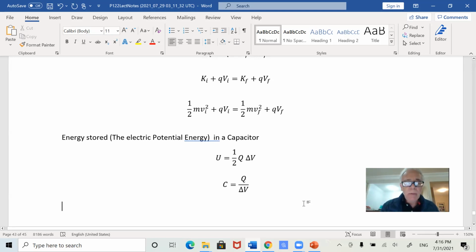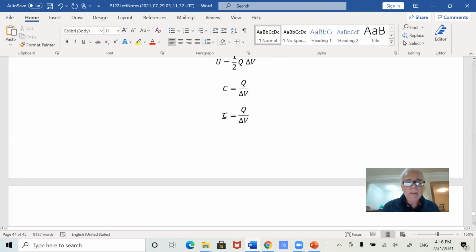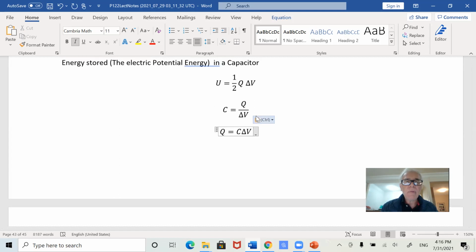So what we do is write the charge in the capacitor in terms of its capacitance and the delta V. So Q equal to C times delta V. These equations are more useful than the previous one.